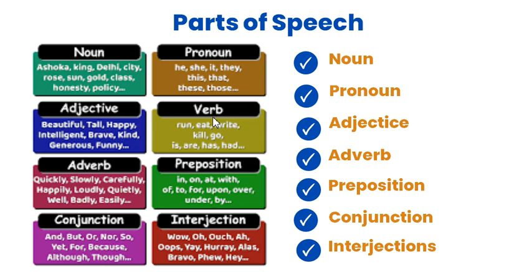So the noun you is implied in the verb, so the verb is more powerful. You can have plenty of examples like run, eat, write, kill, go, is, are, has, had. All these are verbs. Verbs can be classified into two: main verbs and auxiliary verbs. Auxiliary verbs might have different kinds, but the main verbs are the verbs which directly refer to the action we have under consideration.